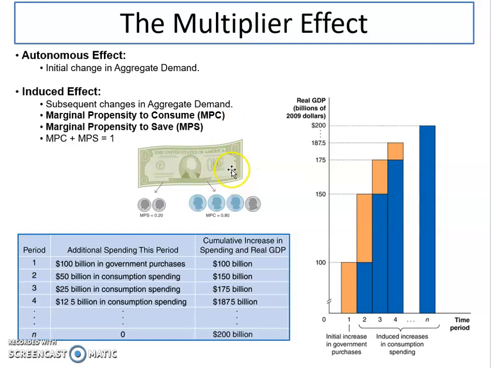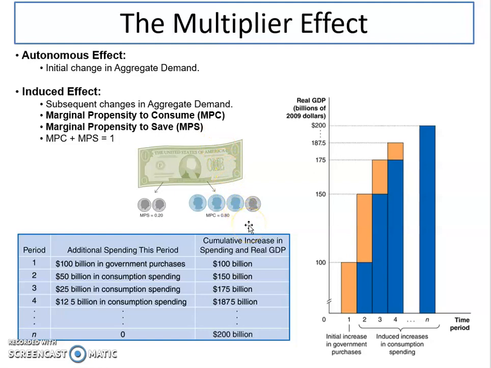In this illustration here, we have a marginal propensity to consume of 0.8, which means for every dollar that is generated in income in the economy, we would expect people to consume 80 cents of it. Now that leads us to the other term, the marginal propensity to save, which is always 1 minus the marginal propensity to consume.